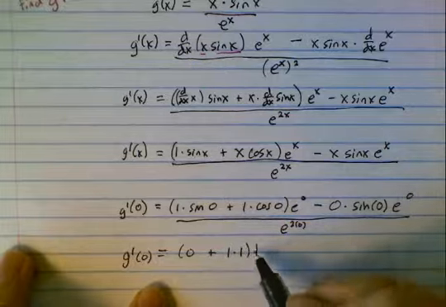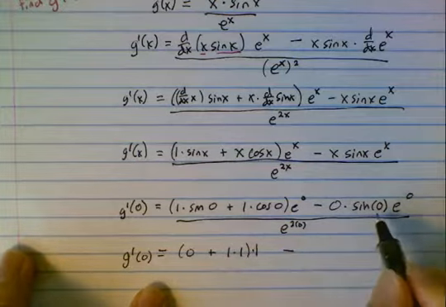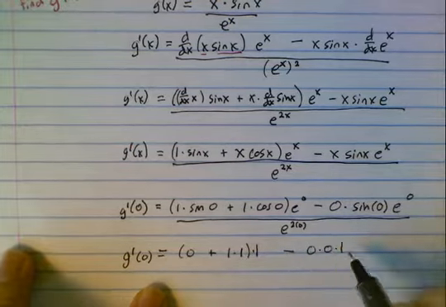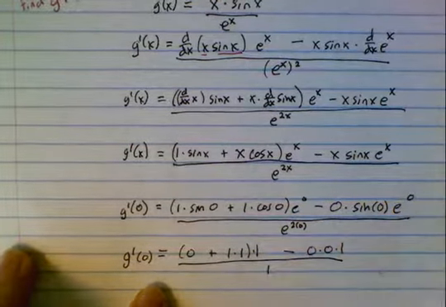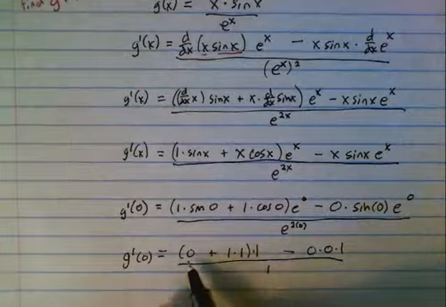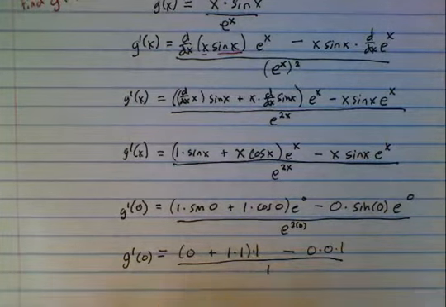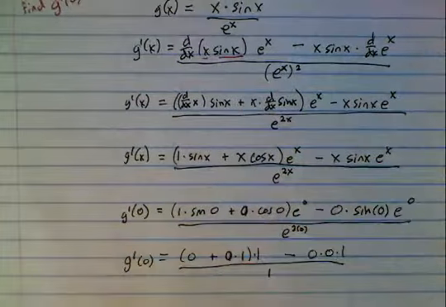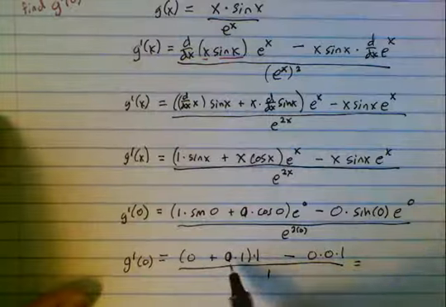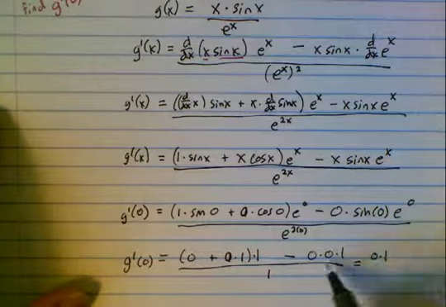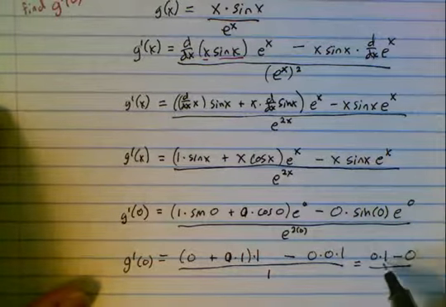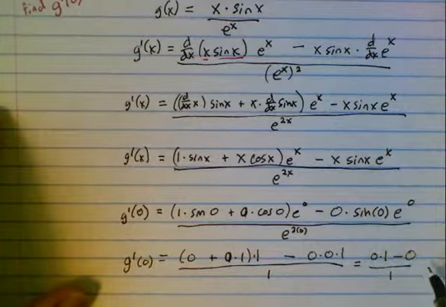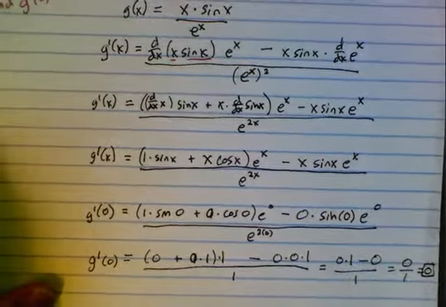E to the 0 is 1. 0 times 1, all over 1. And so then what we have here is, oops, my bad, x is 0. This should be a 0 right here. So this is going to give us 0 plus 0 is 0 times 1. This all subtracts to be 0 over 1. 0 times 1 is 0. 0 minus 0 is 0. There's 0 for our final answer.